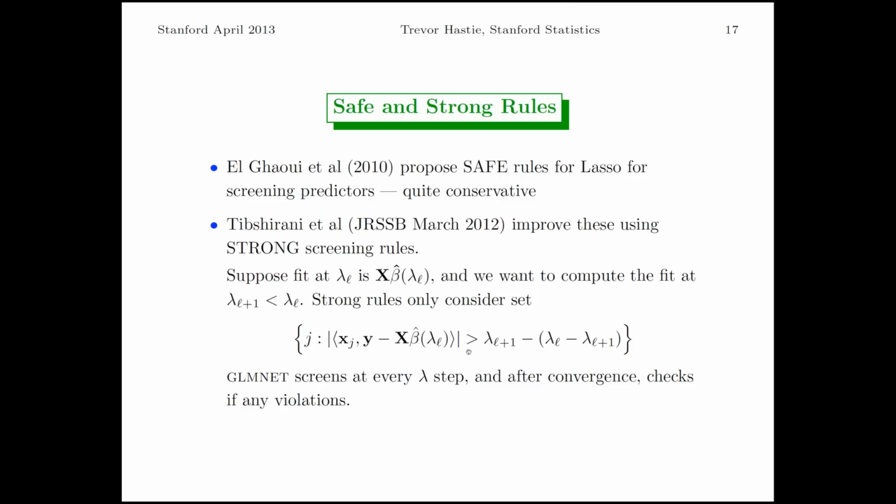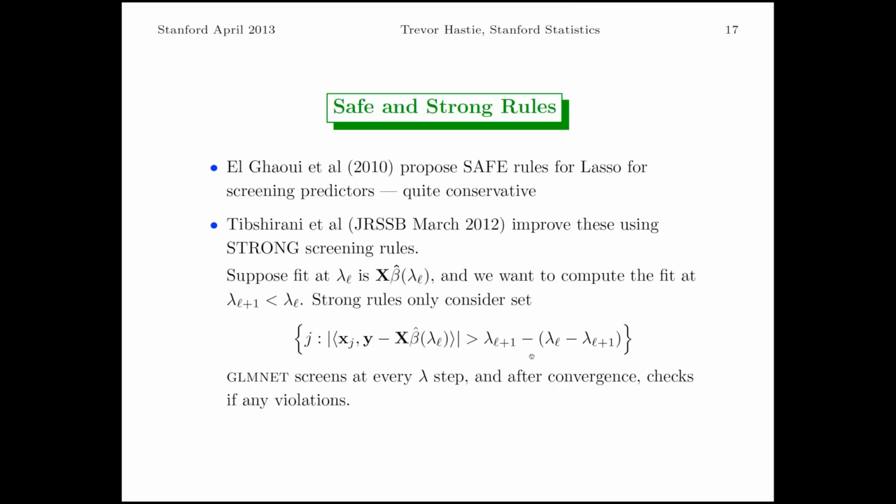But we go even further. We take all those that are bigger than lambda L minus the gap between lambda L and lambda L plus 1. We call those the strong rules. That's usually a small subset of variables, and then we restrict the GLMNET algorithm just to that subset of variables.